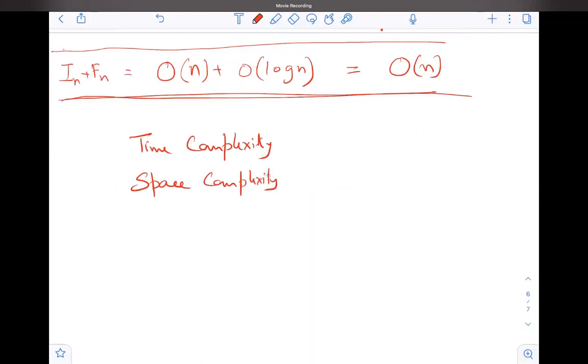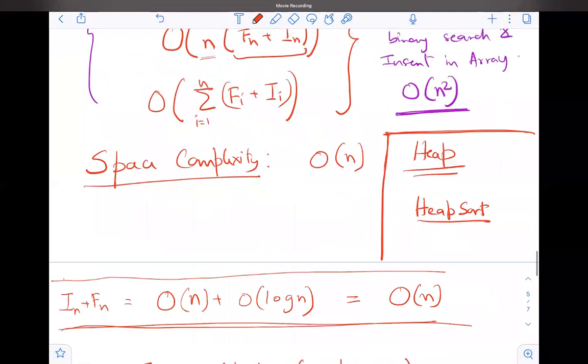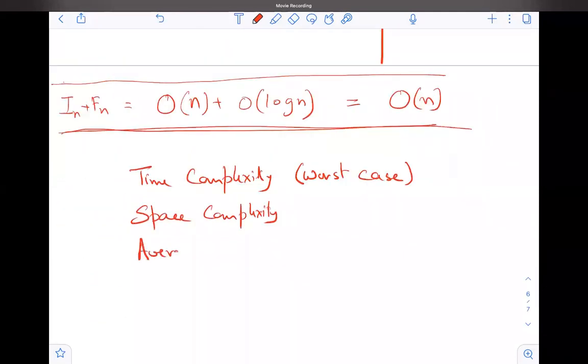But then there are other things. For example, in the time complexity, I was only looking at the worst case runtime. Now, what about the average case runtime? What is average case runtime?